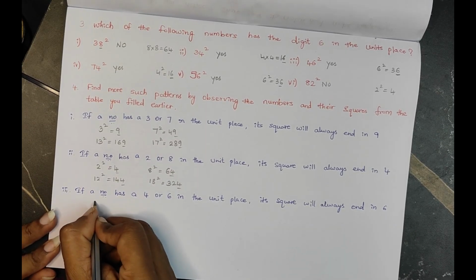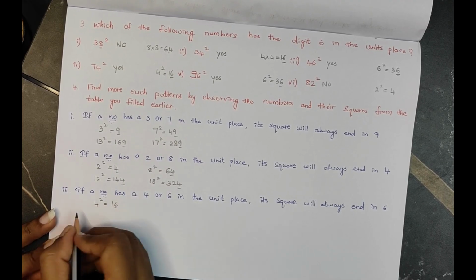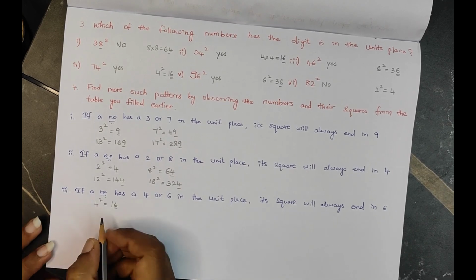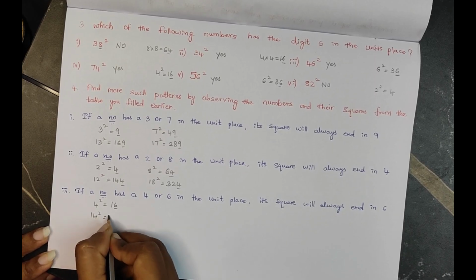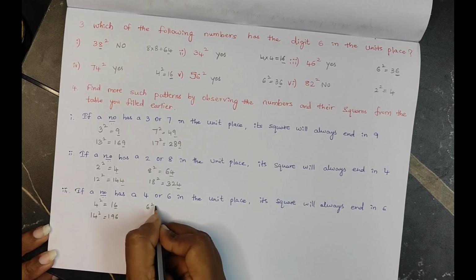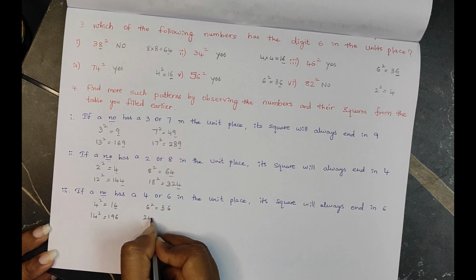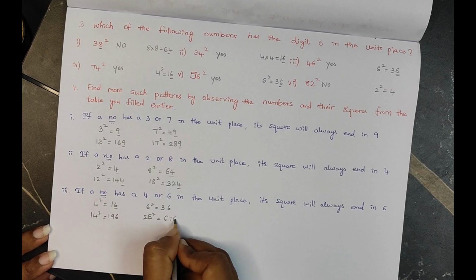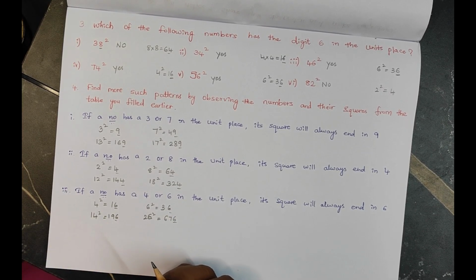Example, 4 square is 16, 14 square is 196, 6 square is 36, and 26 square is 676. So we are getting 6 at the unit place.